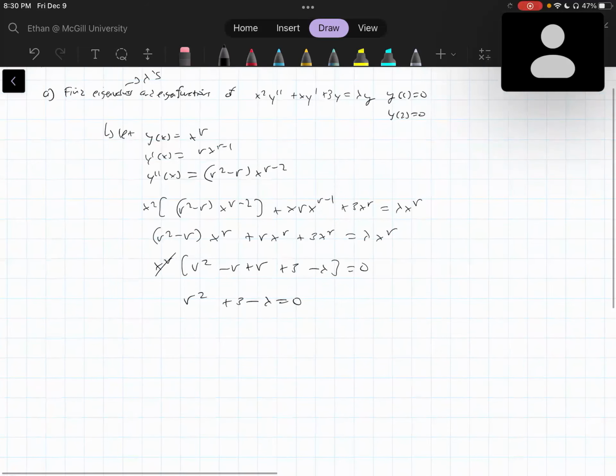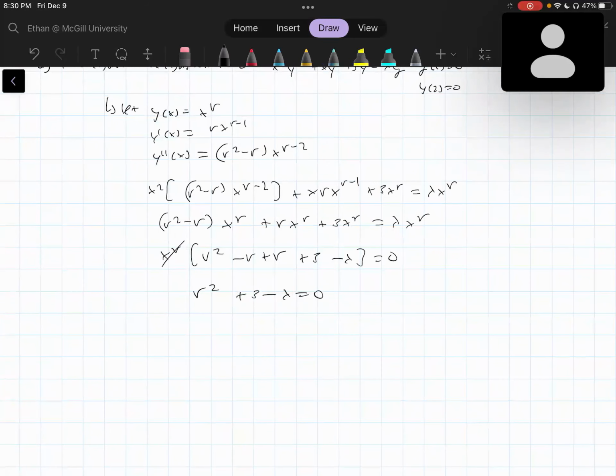So to find our solution y of x, we're going to get that r is equal to plus or minus the square root of lambda minus 3. That means our solution is going to be of this form: y of x is a x to the root lambda minus 3 plus b x to the negative root lambda minus 3.